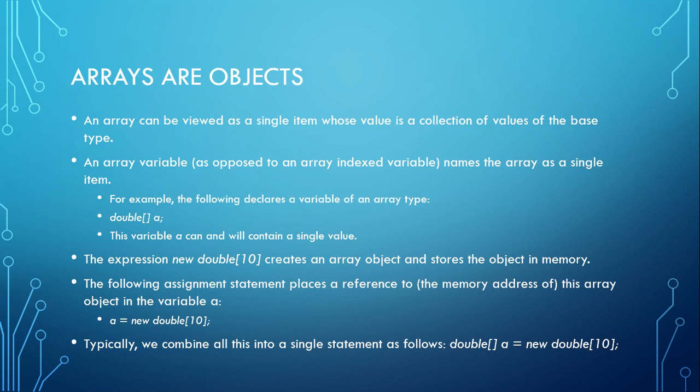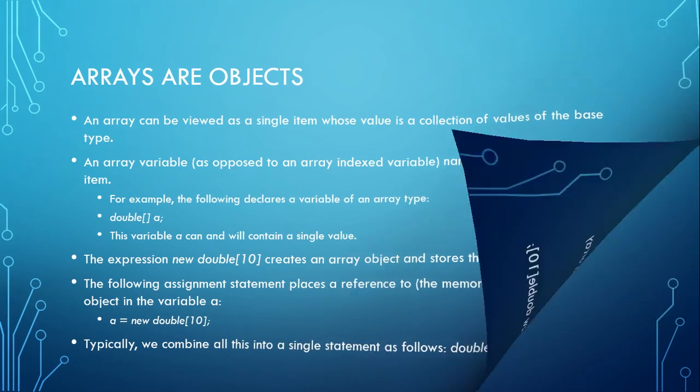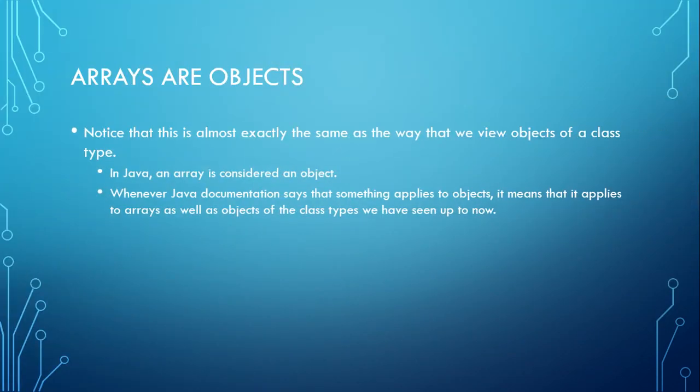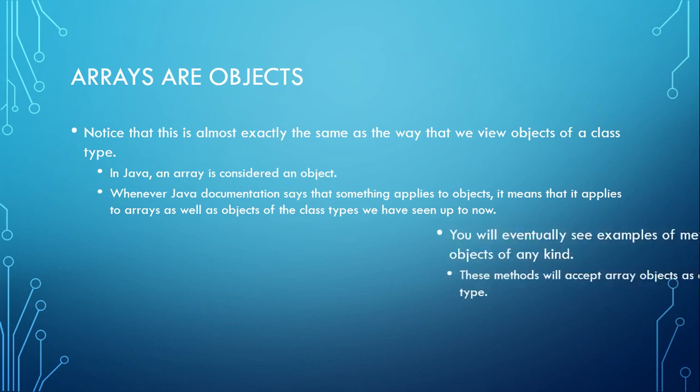Syntax-wise, it's the exact same, but how we approach the methodology of using the array is going to be slightly different. Now, like I said, notice it's almost the exact same way we view objects of a class type. In Java, an array is considered an object. Whenever Java documentation says that something applies to objects, it means it applies to arrays as well as objects of the class types that we've seen up to now.